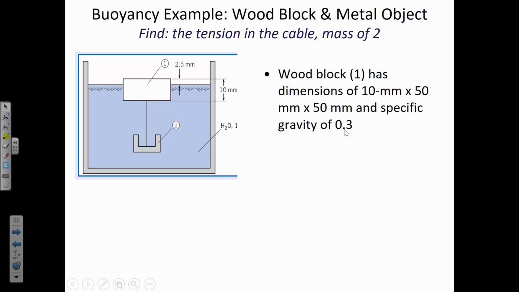Okay, and then there's also object 2, that metal piece on the underside of that. We're given in the problem statement the volume of it, not the shape, not any of its dimensions, just the volume. But that's okay for us because the volume is what's going to give us the buoyant force acting up. Let's do a force balance on it.